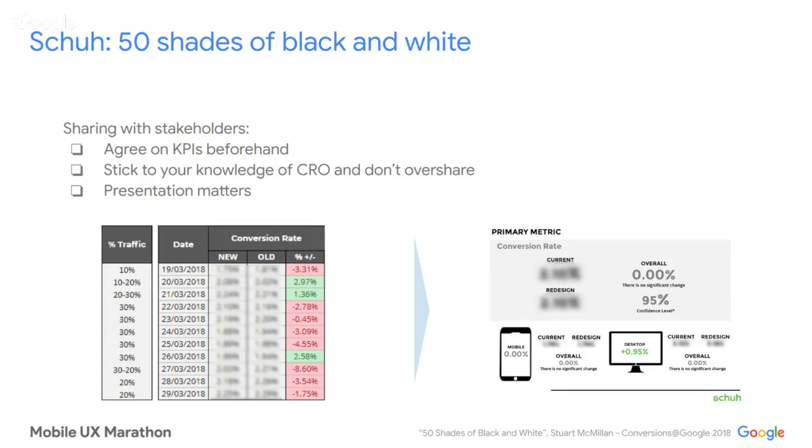So they're literally saying, hey, on mobile we're about as good as we were, and we're sure about that, right? There's 95% confidence level, and on desktop we're a little bit better. So don't worry, relax. Let us do our job.